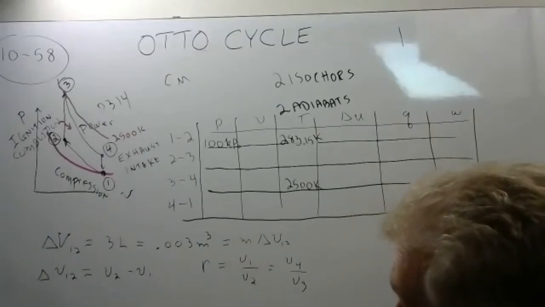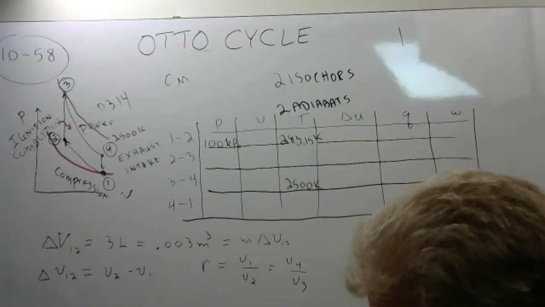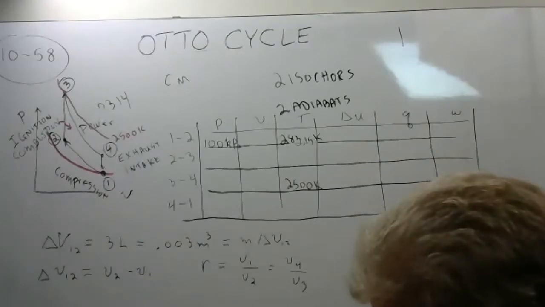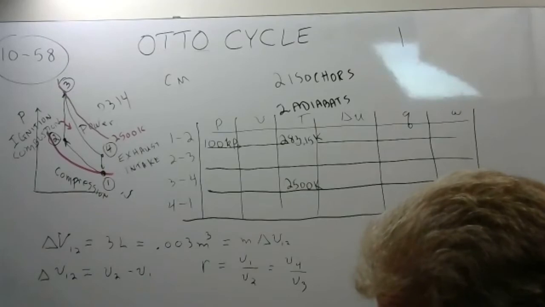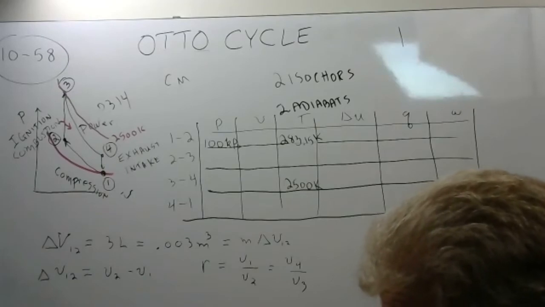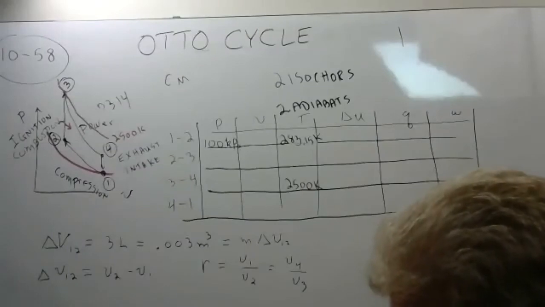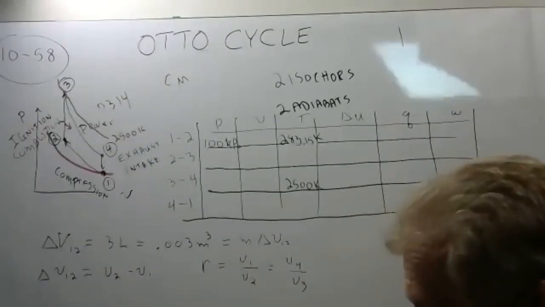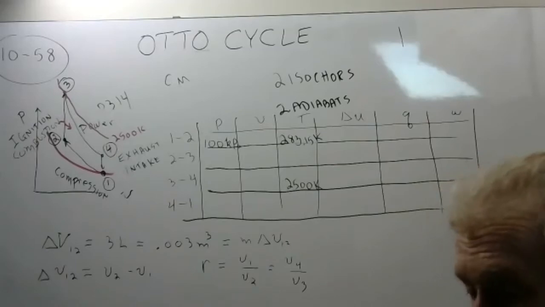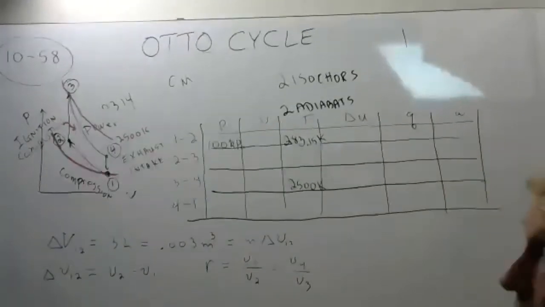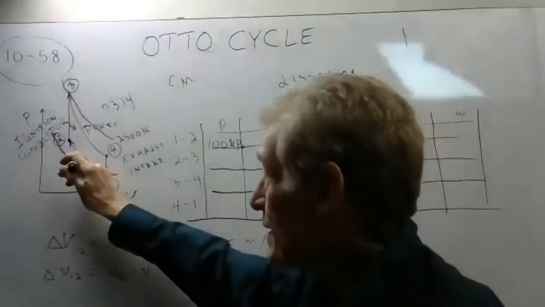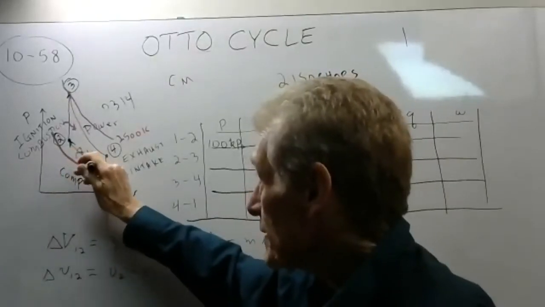I'm reading problem 1058. Find the highest cycle pressure, mean effective pressure, and so on. Well, that's all the info that we have. Let's see what we can do with it. You got to understand something. We're dealing with air, basically.